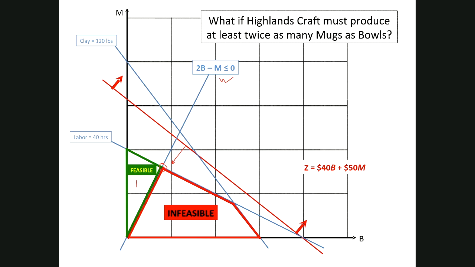So this point where our new constraint and our labor constraint intersect is now the new solution. Let's see if we can work through that.